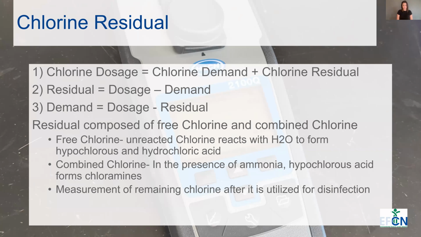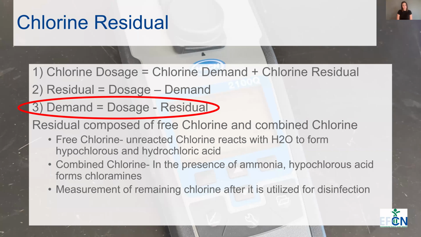We typically use our feed rate to calculate that dosage, or if it's in the liquid form of the solution, we can measure it with a meter. And our chlorine residual is typically measured with our lab equipment or field lab equipment, such as those little colorimeters. So that's why demand is the easiest one to calculate.